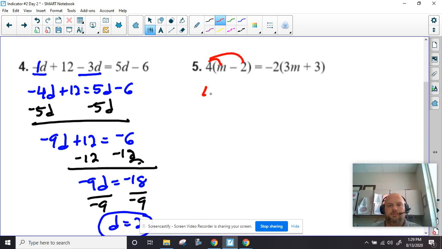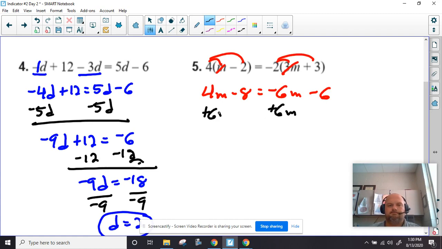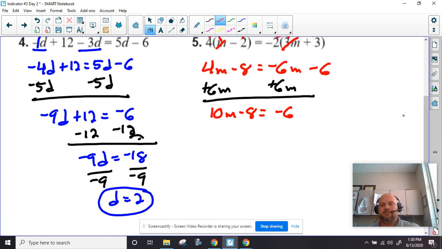All right, we have to distribute: 4m minus 8 equals 6m minus 6. Again, if you have to mark them out, please do. All right, so I distributed, and we have unlike terms. Add 6m. So 10m minus 8 equals -6. Still got a little negative clowning around with us.